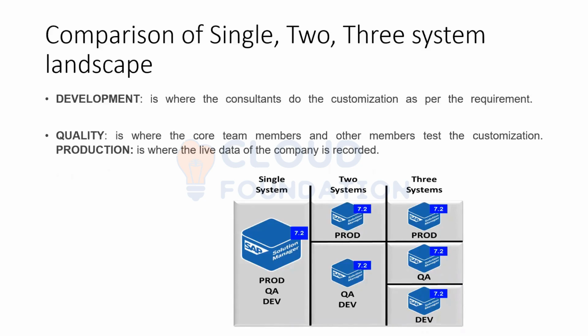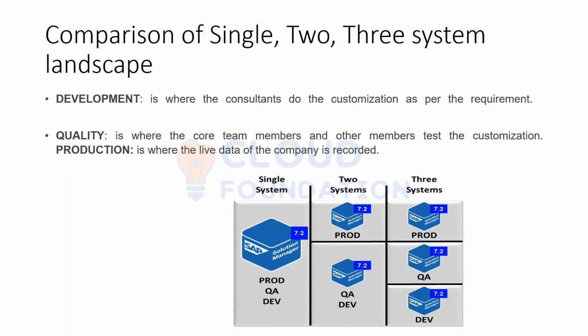You can see here in two systems, quality and development are in one system. But is the application the same or not? For example, application A, application B, application C. Applications A and B are the same application, right? It's not different between quality and development, right?